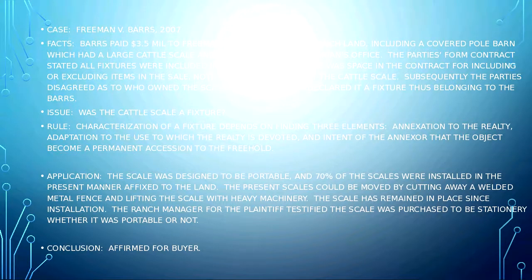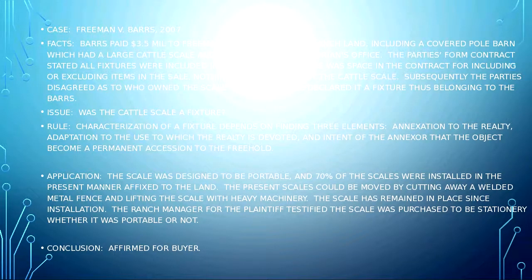In applying it to these facts, the scale was in fact designed to be portable, and 70% of the scales that were installed in the present manner were actually affixed to land. The present scale could be moved by cutting away a welded metal fence and lifting the scale with heavy machinery. Does that sound to you like a fixture or personal property?